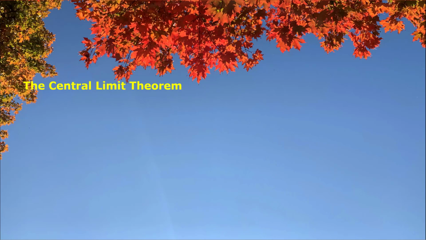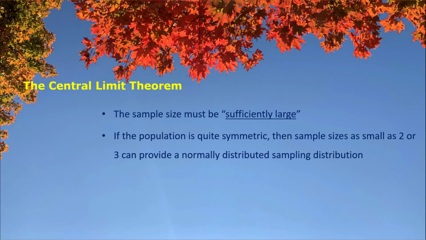Here are some notes about the central limit theorem. The sample size must be sufficiently large. If the population is quite symmetric, then sample sizes as small as 2 or 3 can provide a normally distributed sampling distribution.